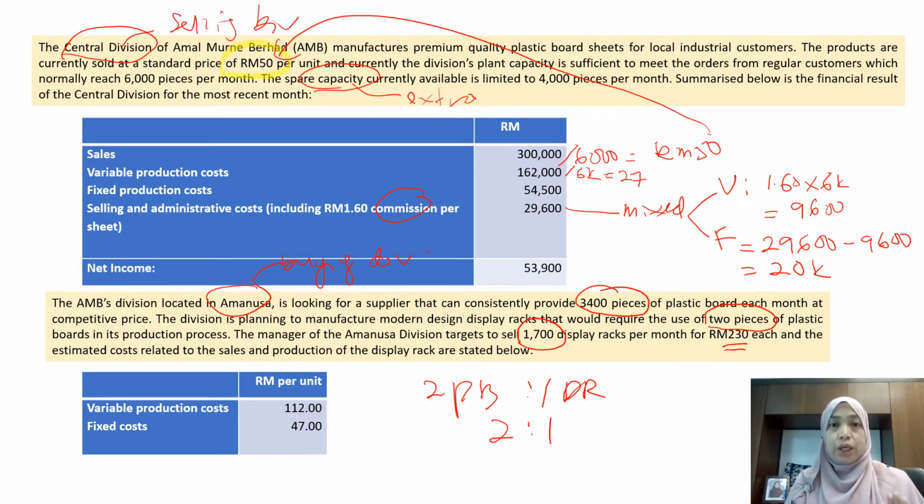Remember, for the selling division, transfer price will be recorded as revenue. So an increase in transfer price will result in an increase in net profit for the selling division. Whereas for Amanusa division, the buying division, transfer price is recorded as expenses. So when transfer price increases, they have to pay more. Therefore, their net profit will reduce.